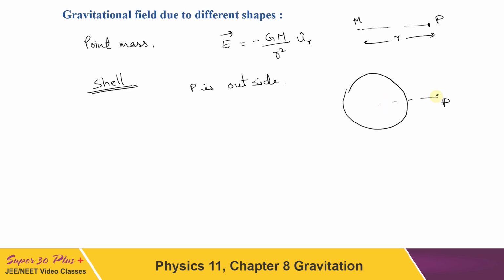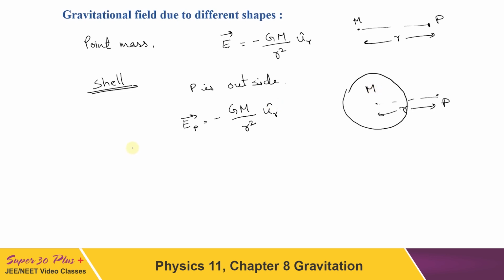So this is actually a property of a shell, that for points outside, the shell behaves as if it is a point mass situated at its center, and then we can write the field at P to be equal to minus GM/r square, as is the case with a point mass. Its direction has to be along minus of r, so this is away from the shell.